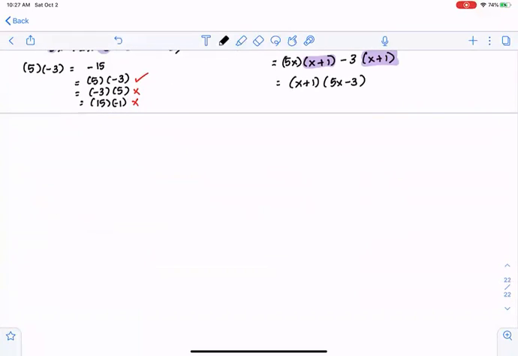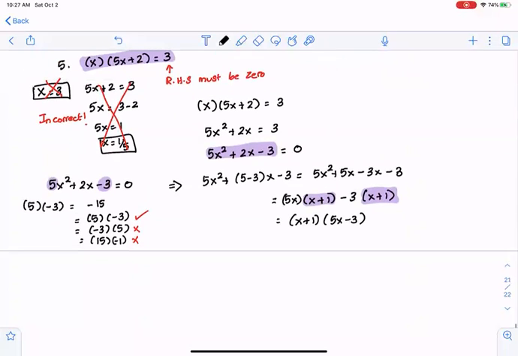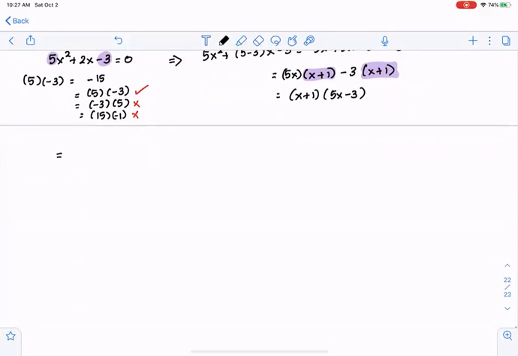Set each factor equal to 0, and we solve for that equation. So 5x squared plus 2x minus 3 equals 0 is the same as saying x plus 1 times 5x minus 3 equals 0.